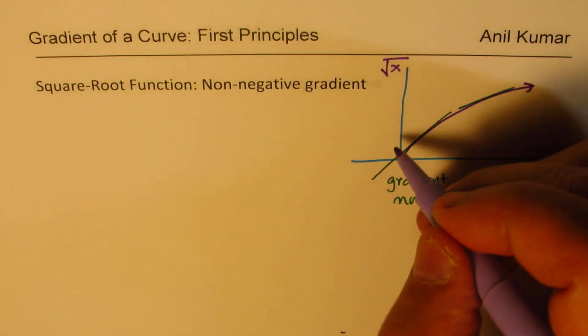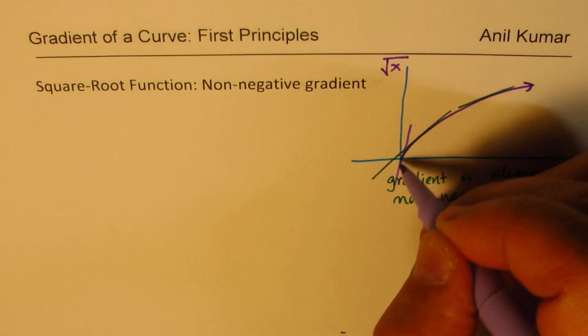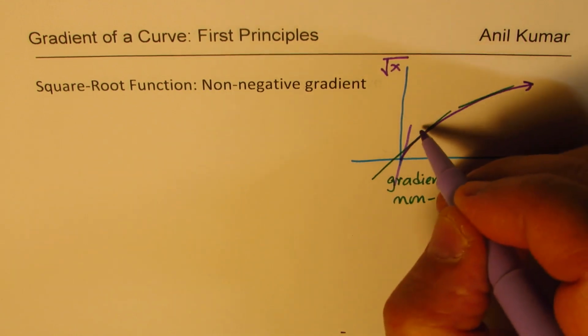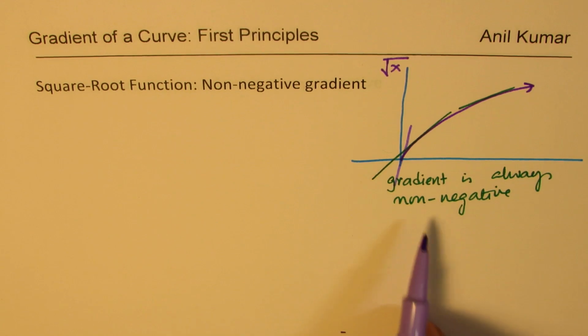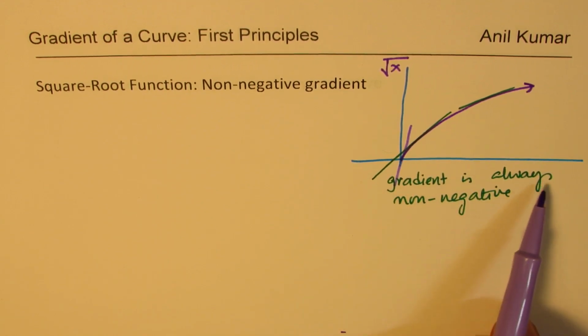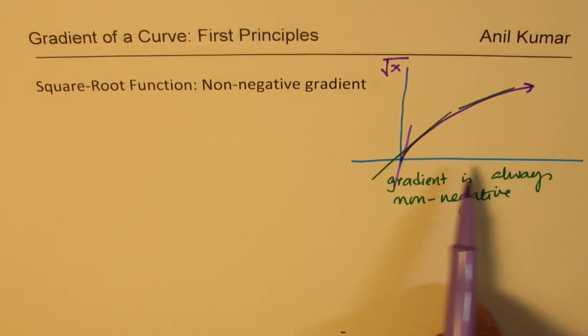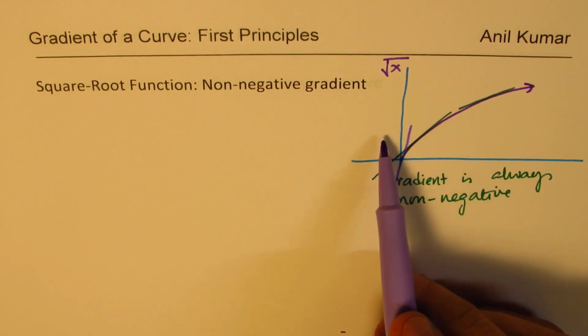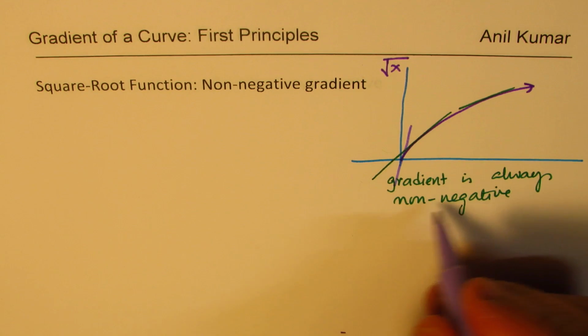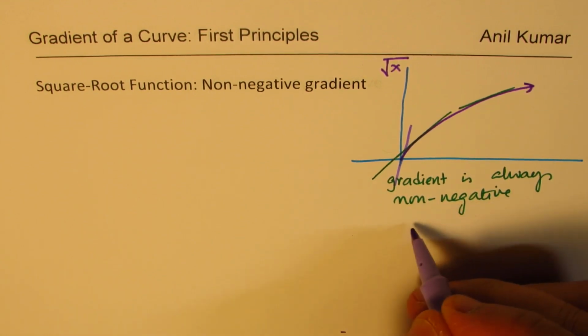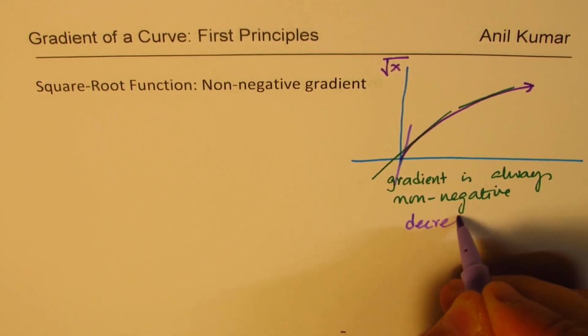We do notice that at this place, it could be very steep, right? And then it becomes decreasingly steep, right? So the gradient is always non-negative. It is positive, right? And as we move from left to right, it is kind of decreasing, right? So the gradient is positive, non-negative, and it's kind of decreasing.